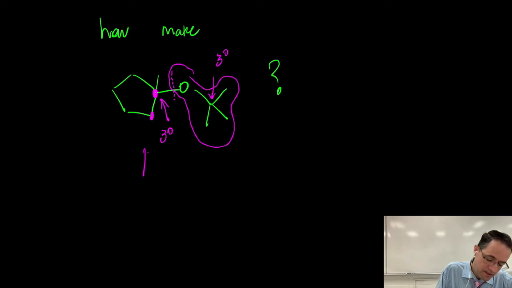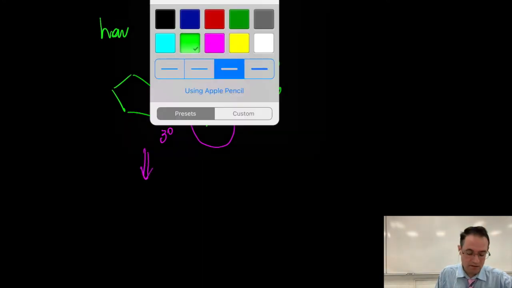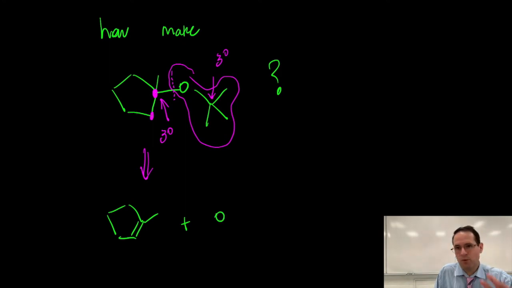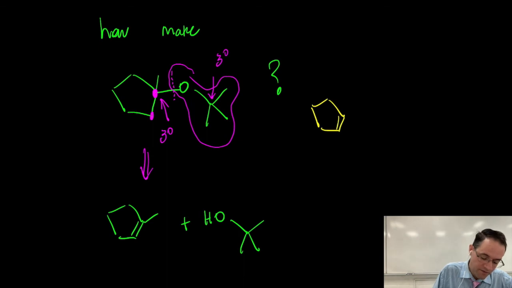So we identify the two carbons that we want. We identify the alkoxy group. And when we break this down backwards, we propose that we start with this alkene with that methyl group still up there, and we propose that we use tert-butyl alcohol. So these would be the starting materials. In the forward synthesis, it would look like this.